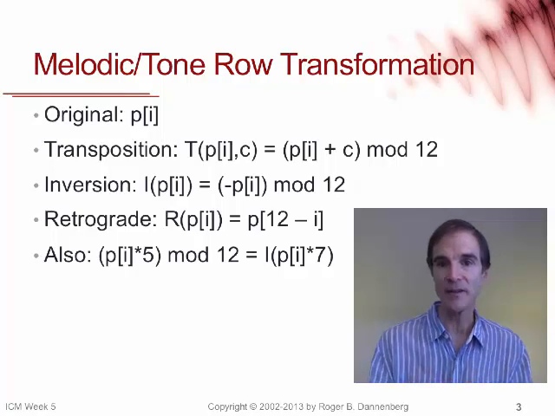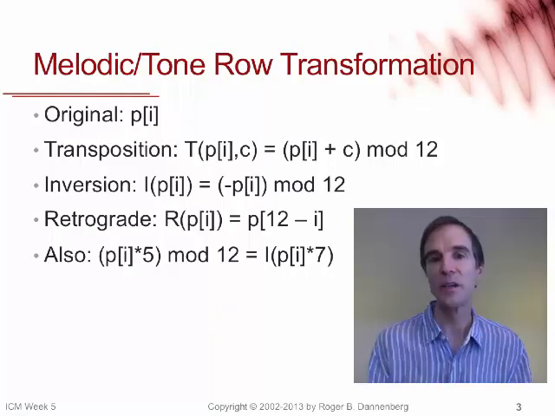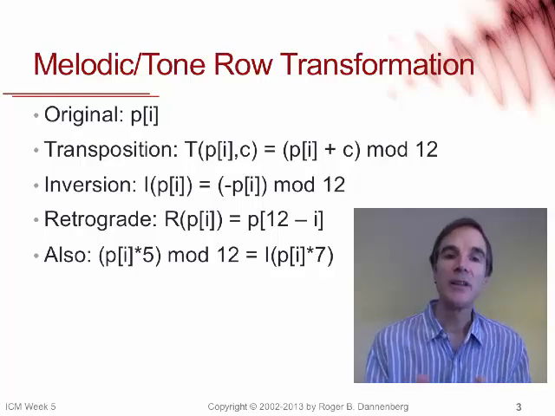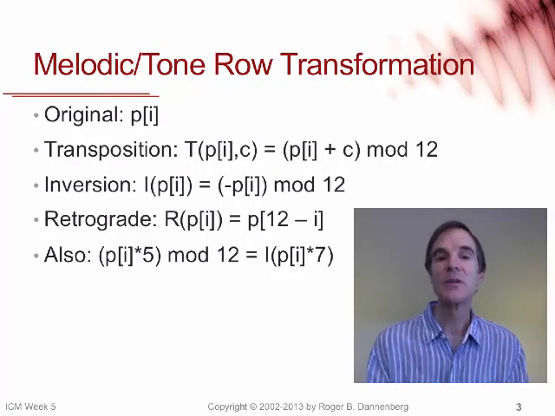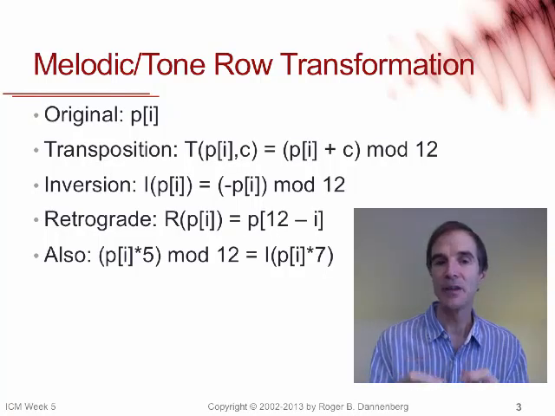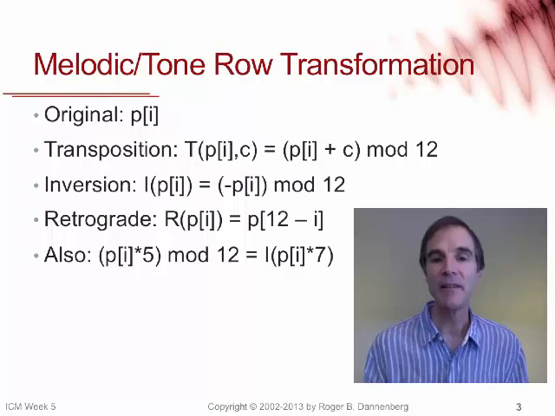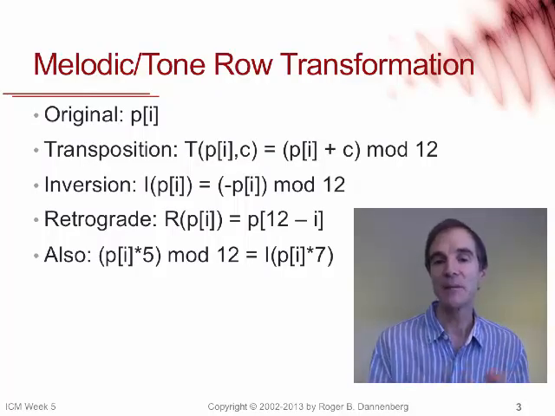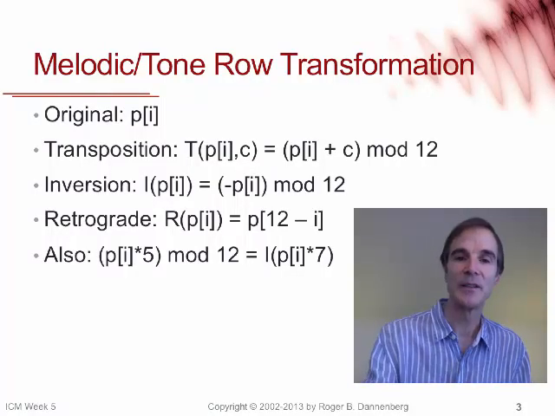So all the upward intervals become downward intervals of the same size and vice versa. We can play the tone row backwards, that's called retrograde. And there's also an interesting operation where you multiply every pitch class number by 5. It maps you into a different tone row.